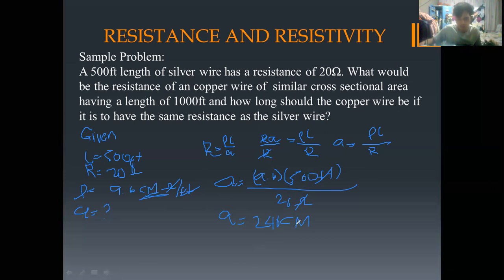Next, the question asks: what would be the resistance of a copper wire of similar cross-sectional area having a length of 1,000 feet?